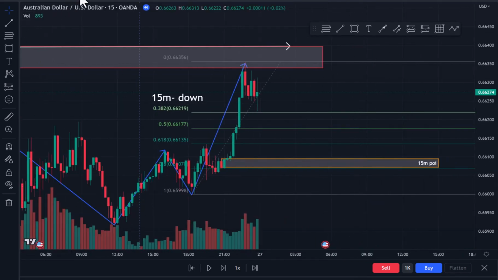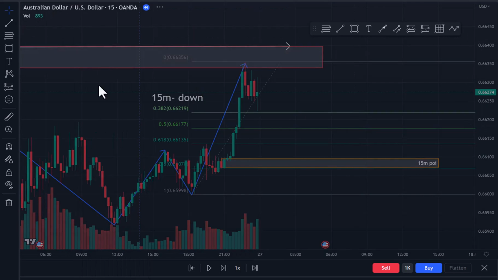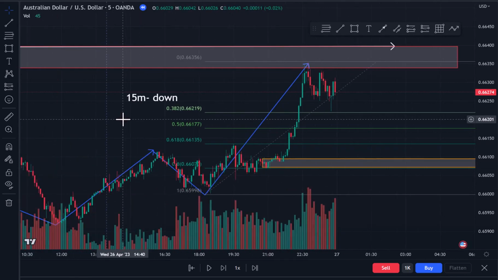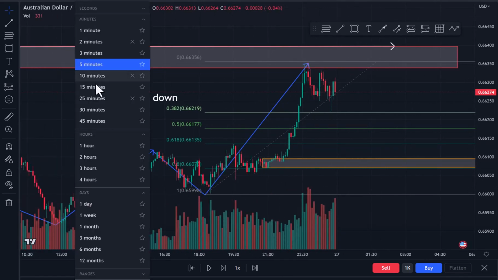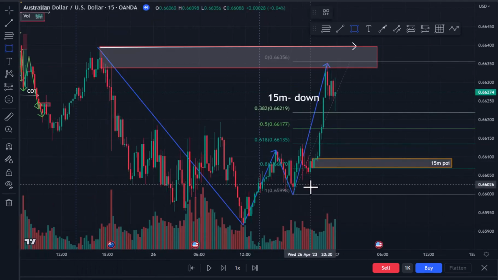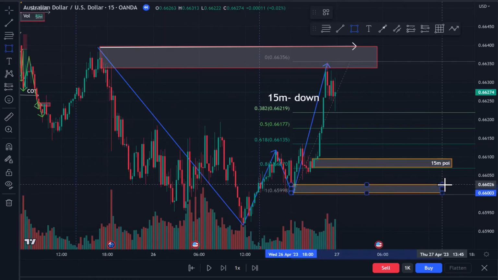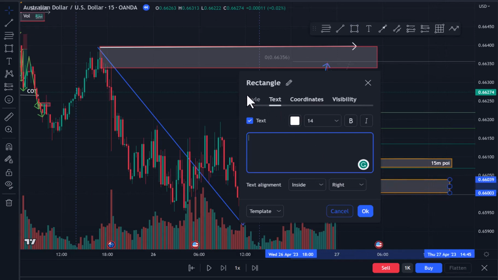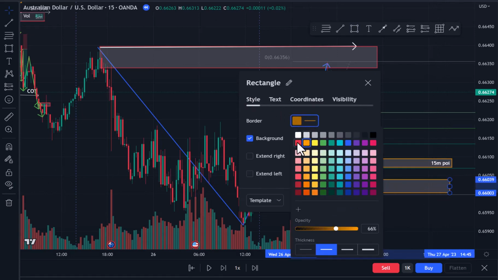So going to the 5-minute structure, we're just going to look at this last wave. On the 15-minute, we can add the key level down here too, just to know where they are. You're going to be doing this with the full strategy as well.